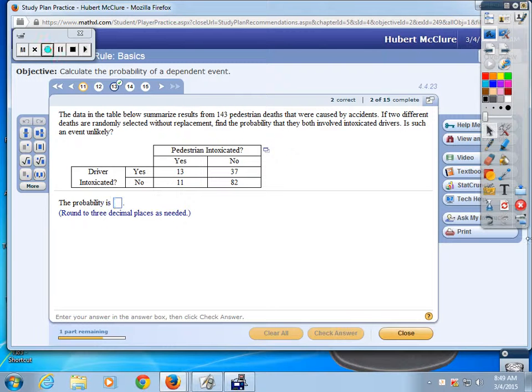So driver intoxicated, yes. So what's the total? 143? Add them up and see. Should be 143.